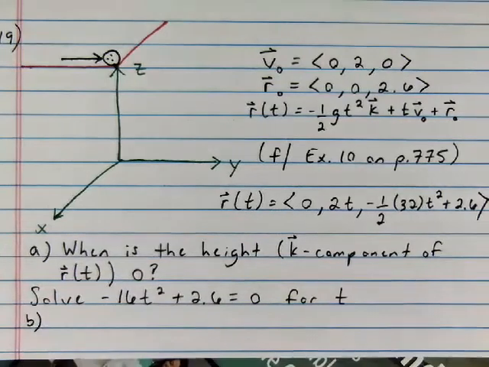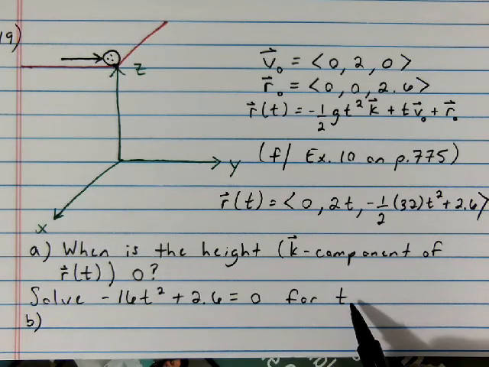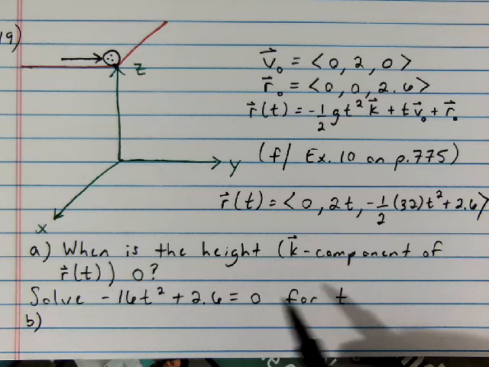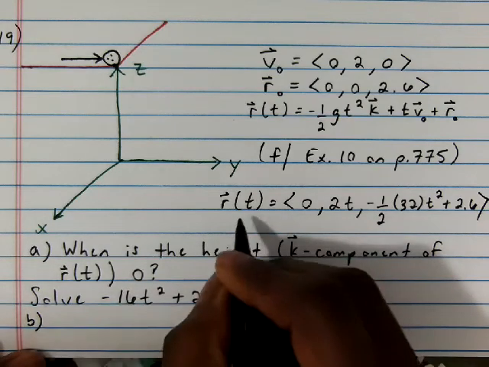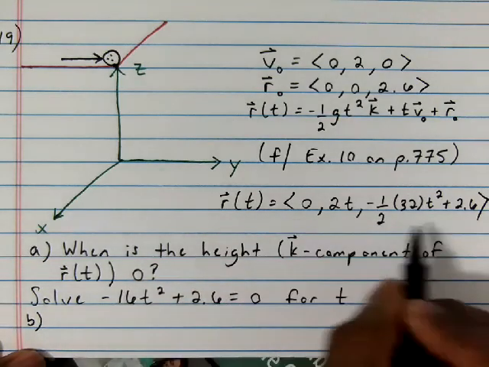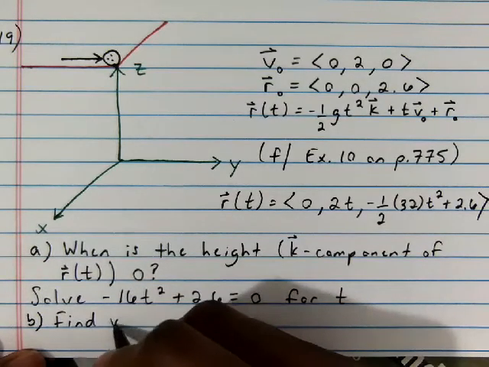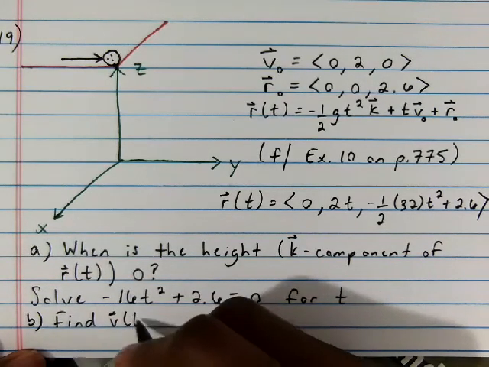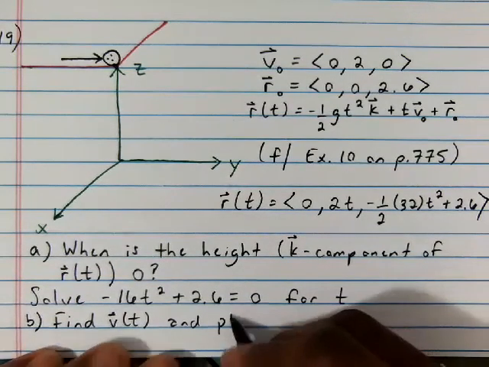Part B says, at what speed does it hit the floor? All right, so we know at what time it hits the floor from part A. So for part B, you want to find at what speed it hits the floor. So we're going to find r prime of t, so find v of t and plug in.